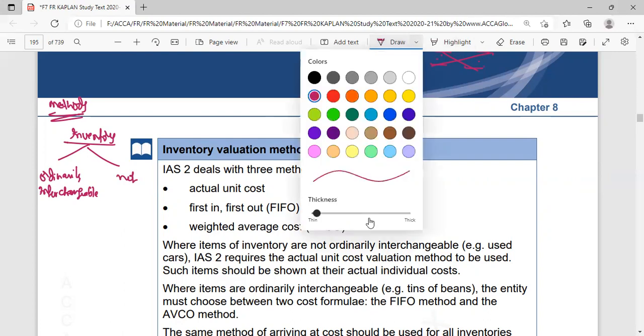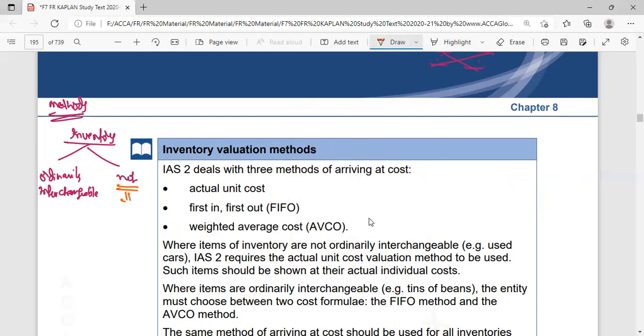So what is meant by not ordinarily interchangeable? Not ordinarily interchangeable means customized products. For example, you purchase raw gold, and you give that raw gold to the maker of ornaments to make an ornament, and you give the contract to the ornament maker. So here you supply the raw material as per your instruction. The party prepares the ornament and gives it to you.